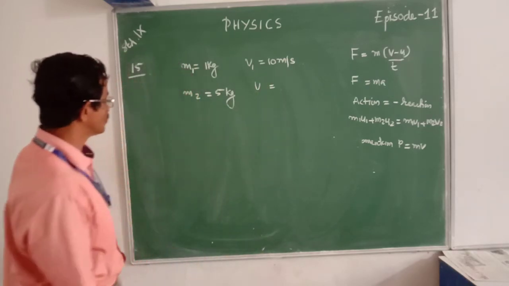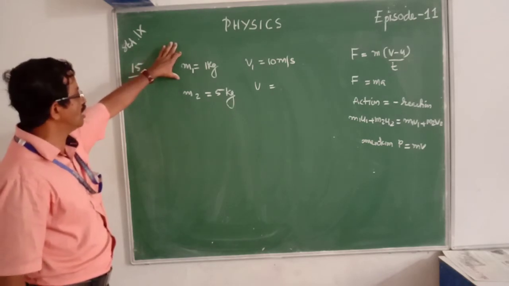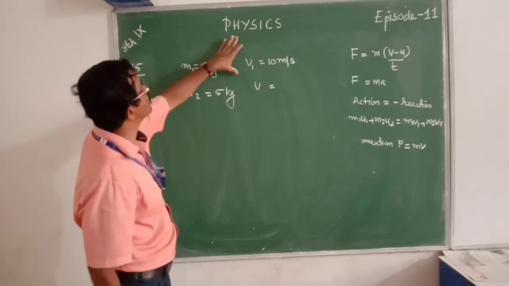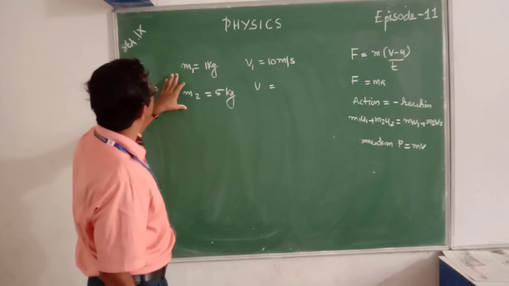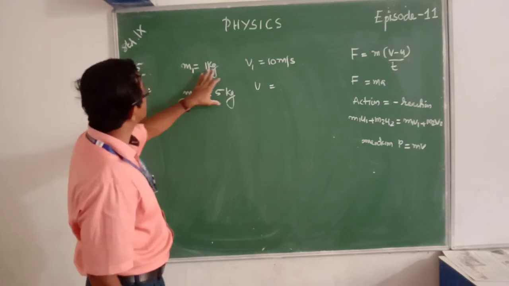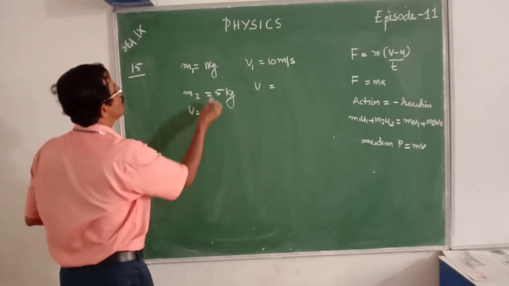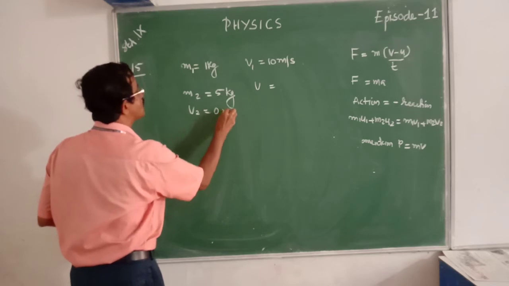Now we know before collision the mass of the first one, M1, is equal to 1 kg, and its velocity is V1 equal to 10 meter per second. The mass of the second one, M2, is 5 kg, and its velocity, let it be V2, we can take as 0 meter per second because it is at rest.